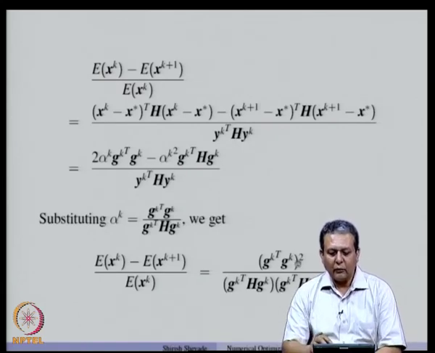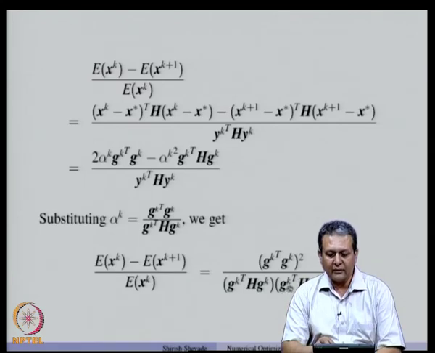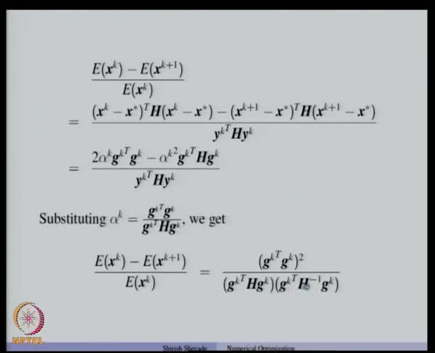Now, this quantity is still dependent on the matrix H and H inverse. If you look at this expression, this is g_k transpose H inverse g_k. So, the relative decrease in E depends on H, H inverse and g_k.